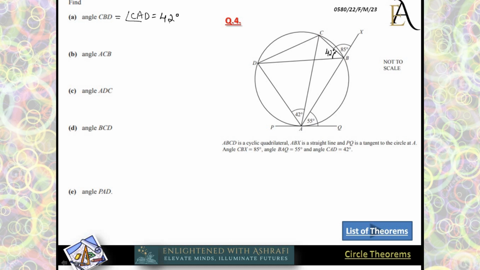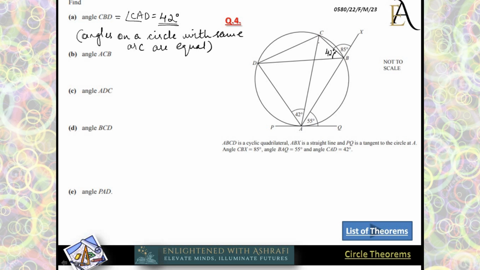What is the reason over here? Angles on a circle with the same arc are equal.